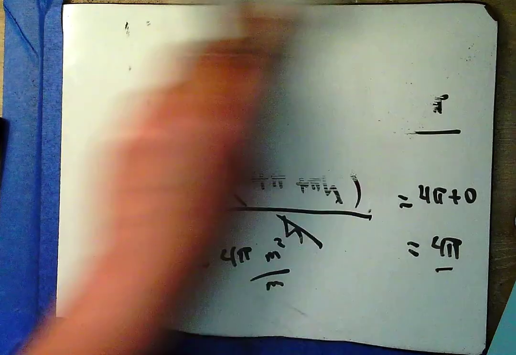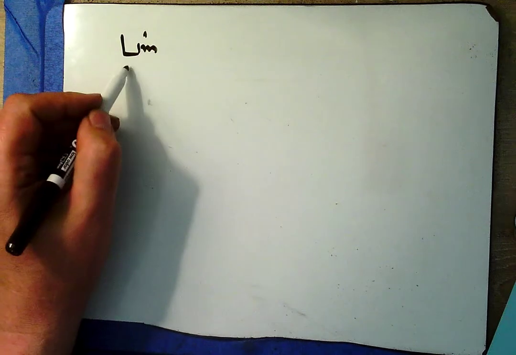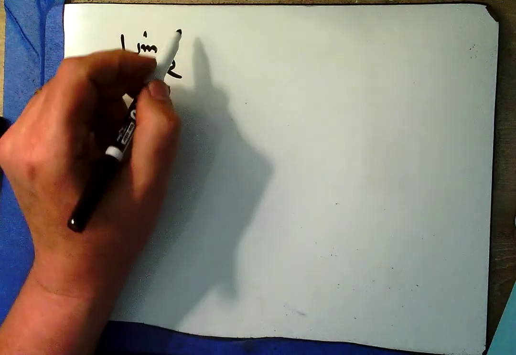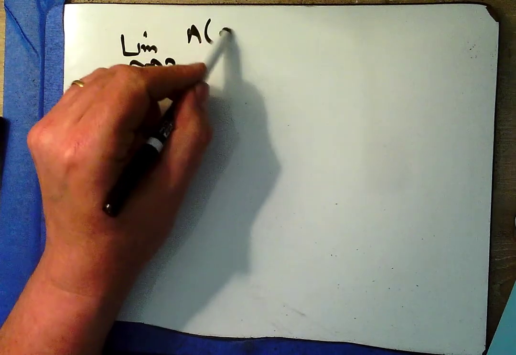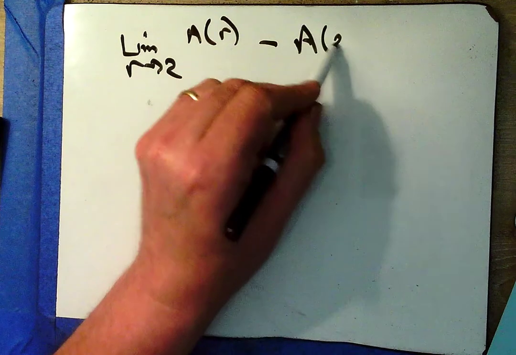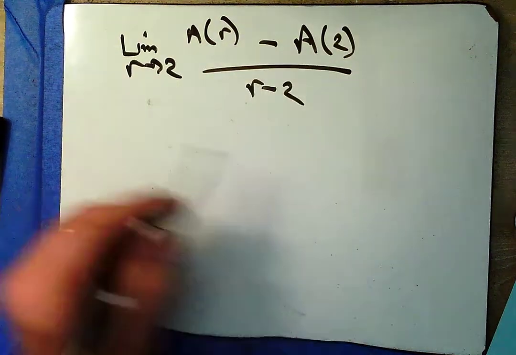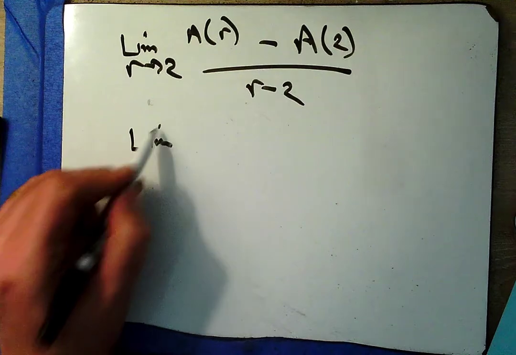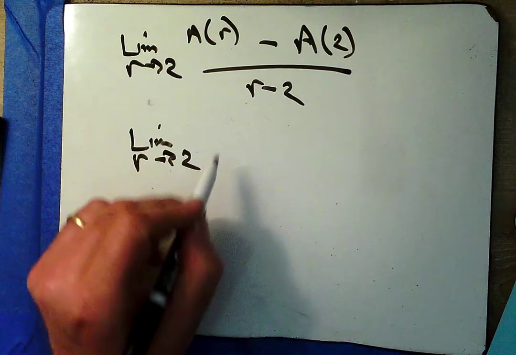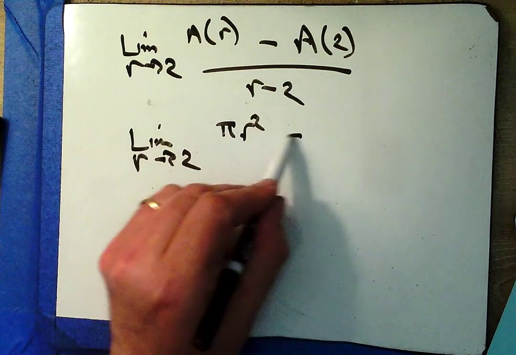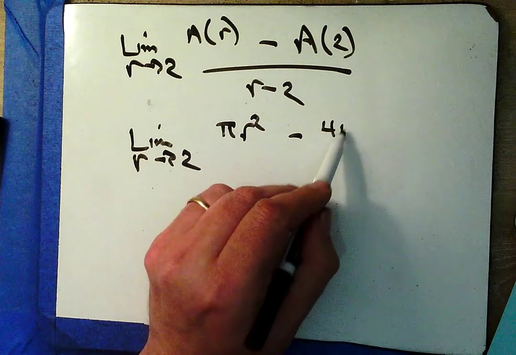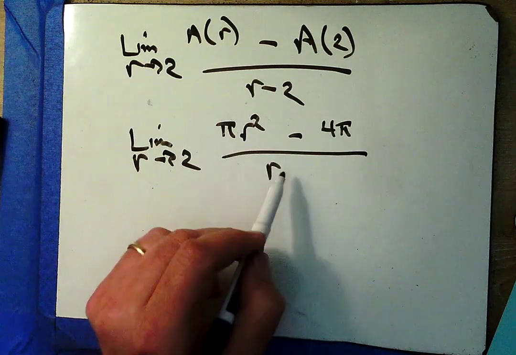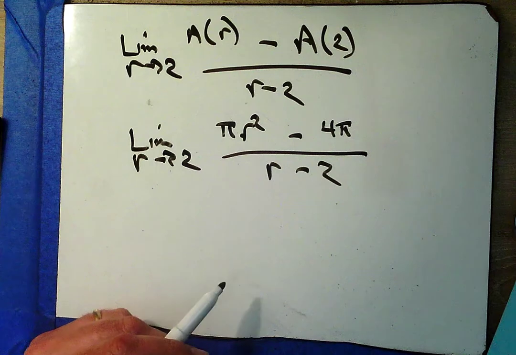Kind of want to do it the first way I wanted to do it, just to see. The limit as r approaches 2 of a of r minus a of 2 over r minus 2. So that's going to be the limit as r approaches 2 of pi r squared minus 4 pi over r minus 2. Ooh.